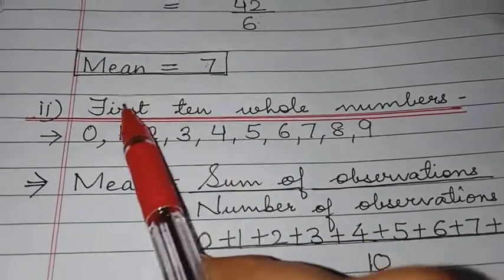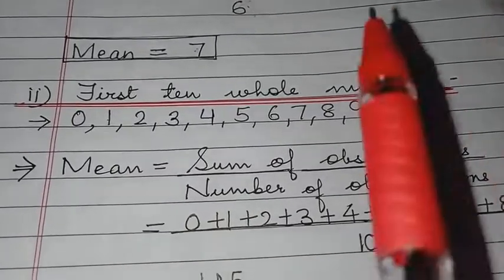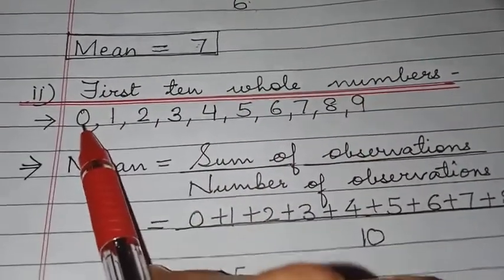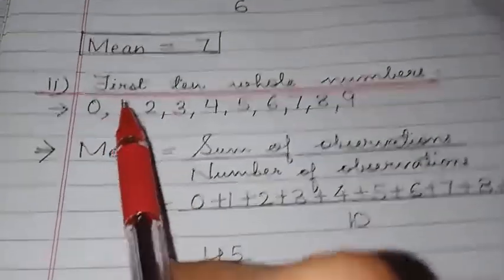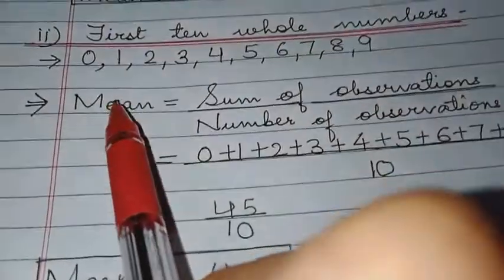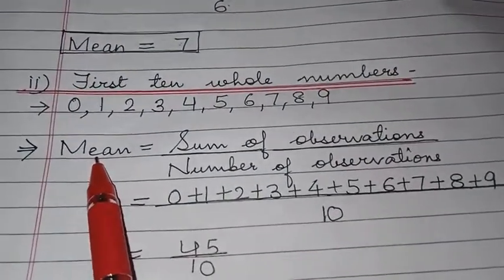You may get confused. If you write 1 to 10 for the first 10 whole numbers, you will get the wrong answer, because whole numbers start with 0. So first write down the first 10 whole numbers, then come to our regular formula.